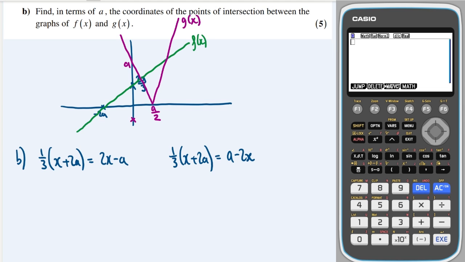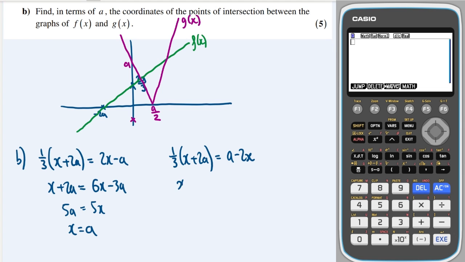Just times it by minus 1. So we've got to solve these two separately. Multiply both sides by 3 to get 6x minus 3a. Solve for x, gives me 5x on this side and 5a on that side, so x just equals a.